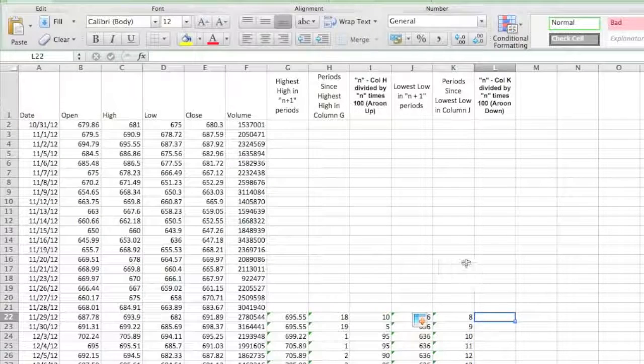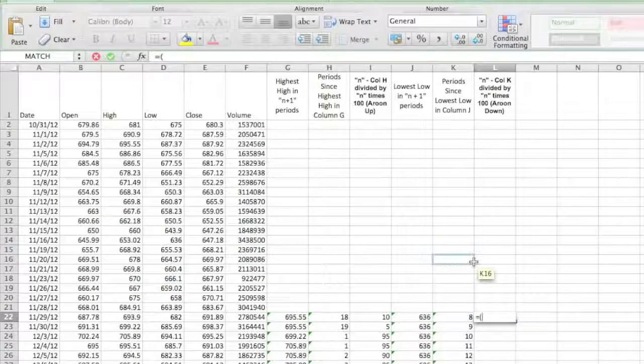Now, same thing, n equals 20. So 2 open parentheses, 20 minus column K, close 1 parentheses, divided by 20, close the parentheses, and then multiply that by 100.